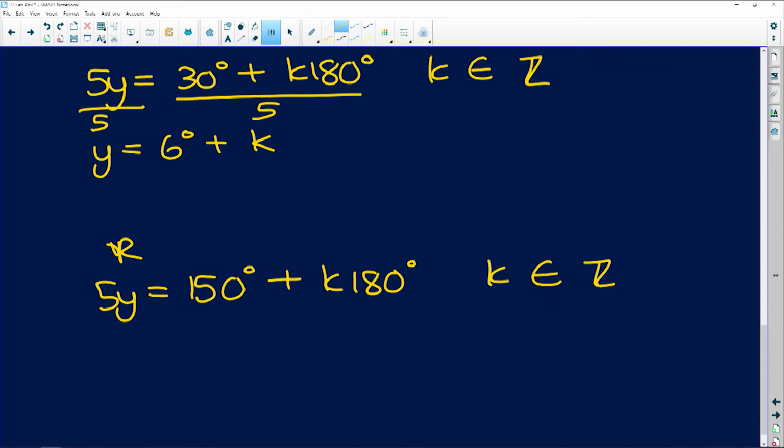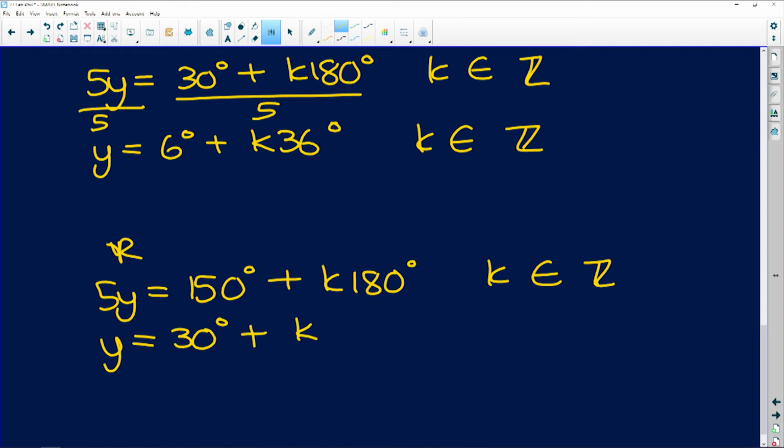It's going to give me 36 degrees. K is still an element of the integers. And then this one, divide everything by 5. So 150 divided by 5 is 30 degrees, plus 180 divided by 5, which we found is 36 degrees. K is an element of the integers.